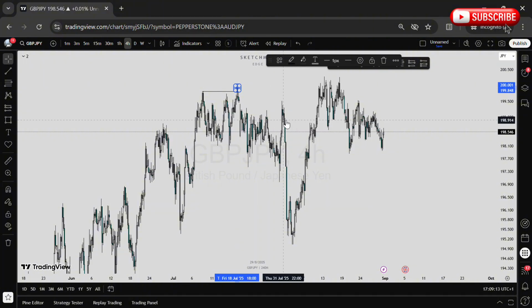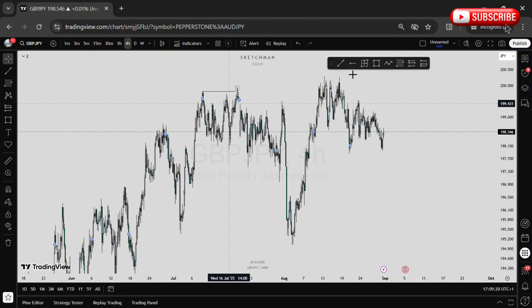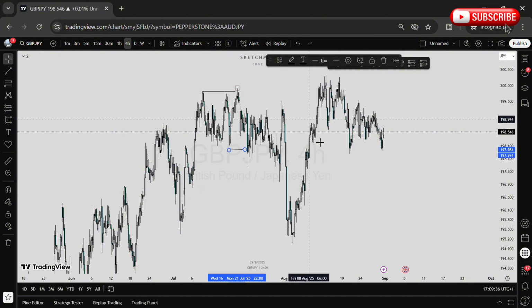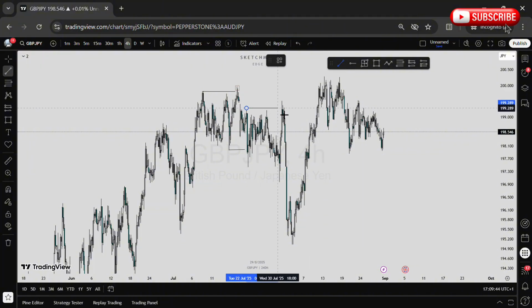Okay, so after the high got taken out, here's a shift of structure. That's the low. So after this low, what next? The inducements, right? So look at this, guys.